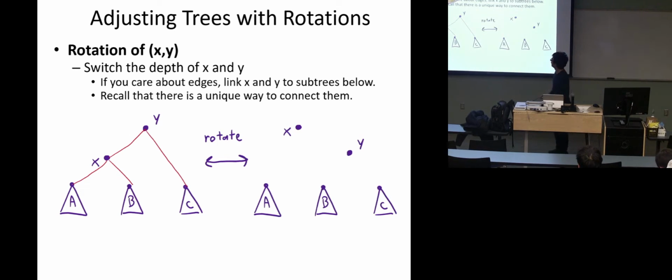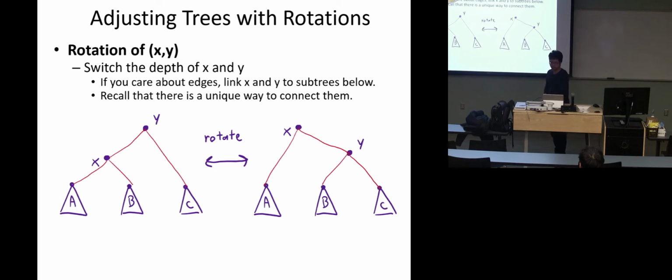It's really just switching the depth of x and y. And once you switch the depth of x and y, there is a unique way to reconnect. That's why I said you better think about the relative depth and not the edges of the tree. So, switch the depth.